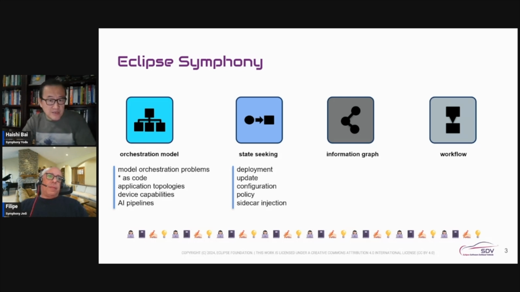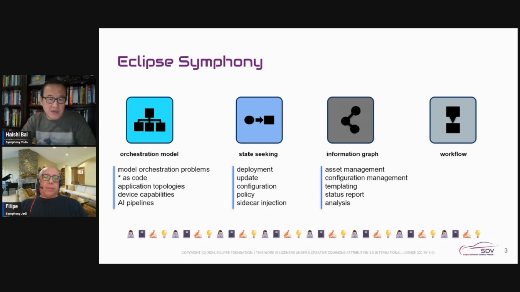So with this abstraction, we can cover a lot of scenarios, such as software deployment, device update, configuration rollout, policy enforcement, sidecar injection, etc. So this is what I mean, right? By using these high-level abstractions, we can actually provide that kind of consistency across different technologies.